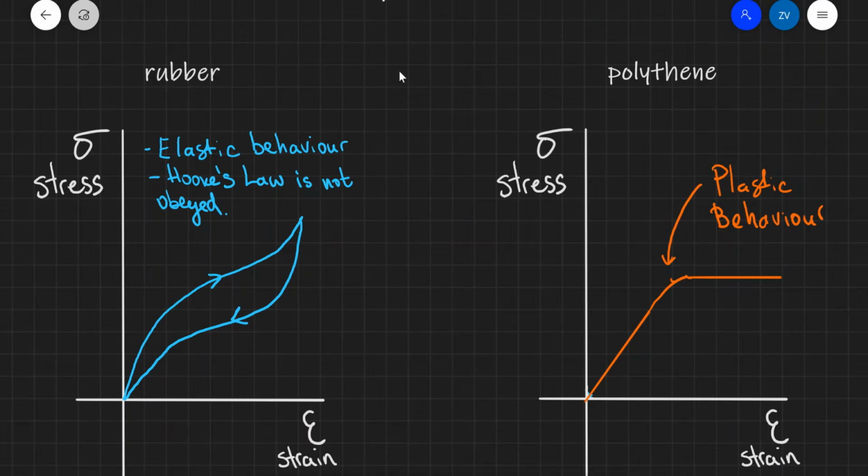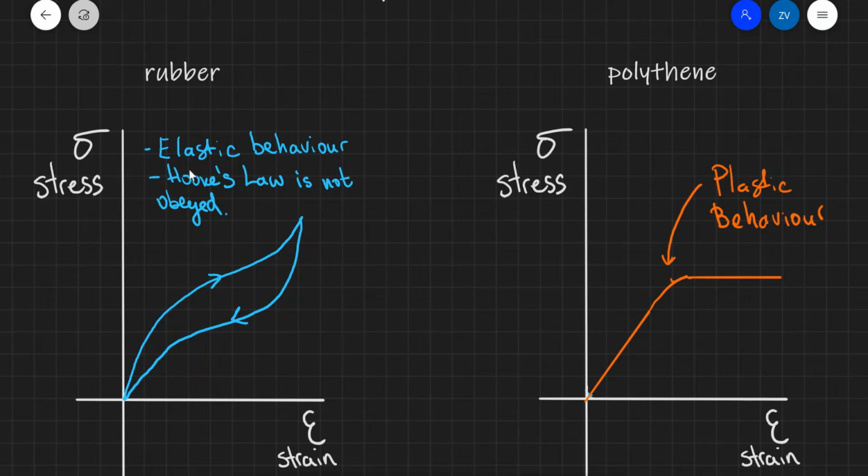Finally, we are going to have a look at polymeric materials, which are made from long chains of molecules. An example, for instance, is rubber. Notice that this has a very distinctive shape. If we are trying to stretch the object by applying a tensile stress, the curve will be like so. However, if we're applying a compressive stress, the curve will be like so.